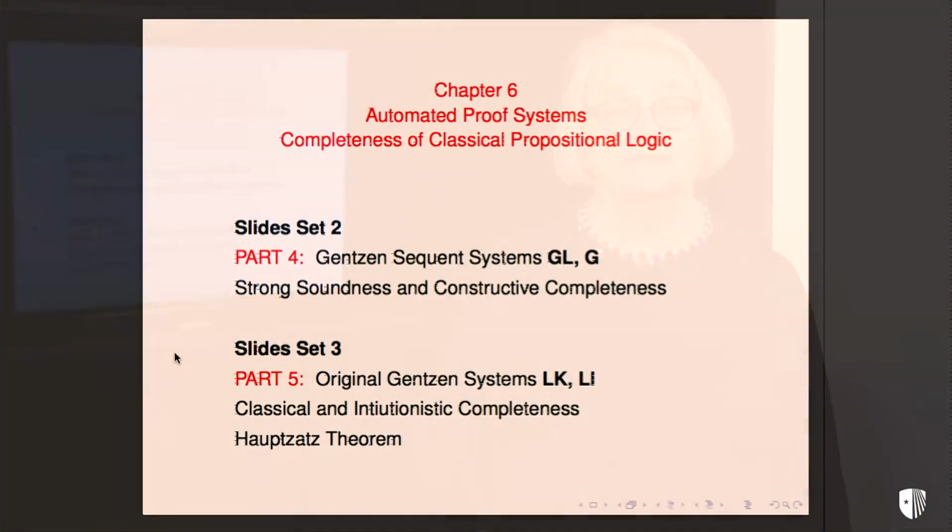Next, we will cover Gentzen's sequent systems, which are classical work, and also show how you can carry out the strong soundness and constructive proof of completeness for these systems.